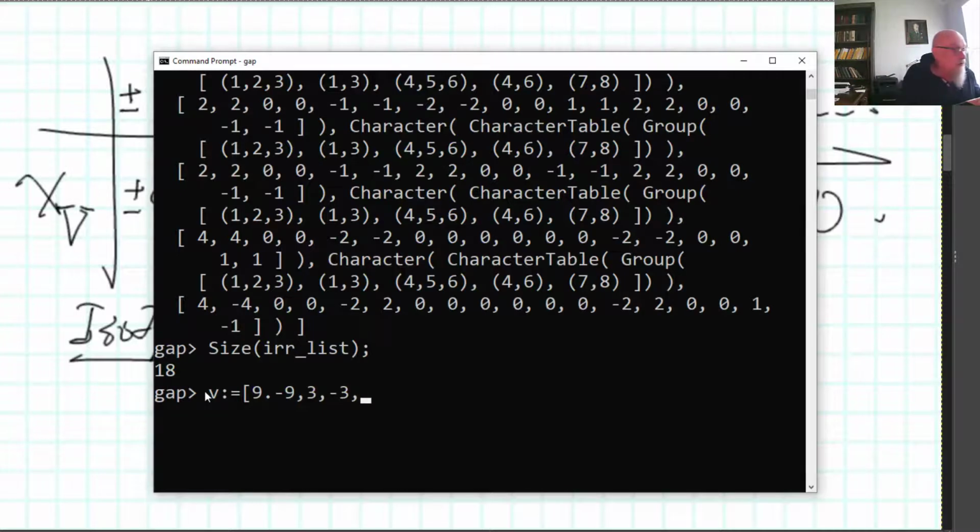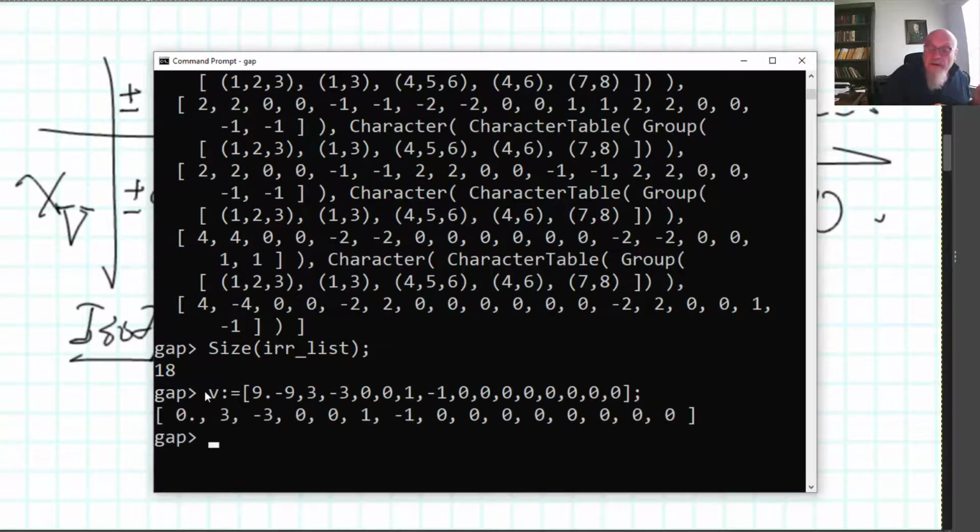Then I have here 0 and 0. Then I have here 1 minus 1. And then I have 8 zeros. So this is 1, 2, 3, 4, 5, 6, 7, 8. Am I right? And this is my vector. Check it again.